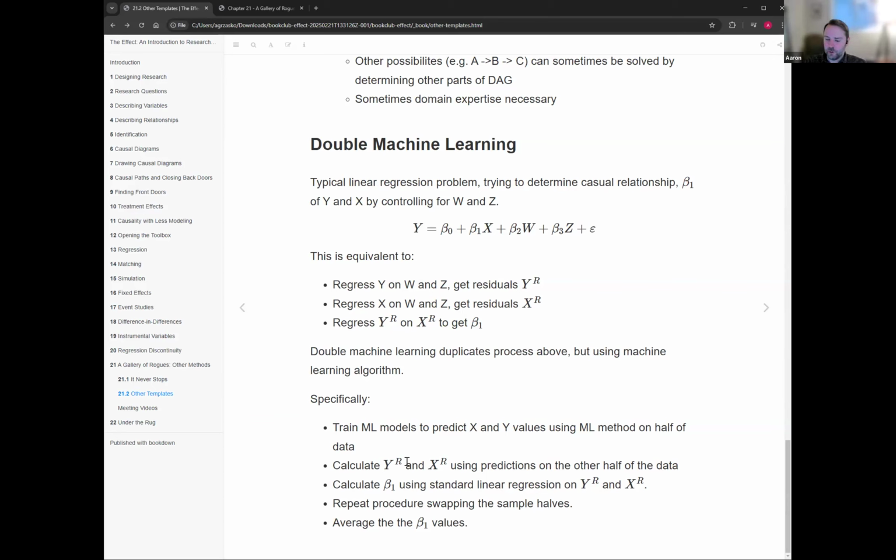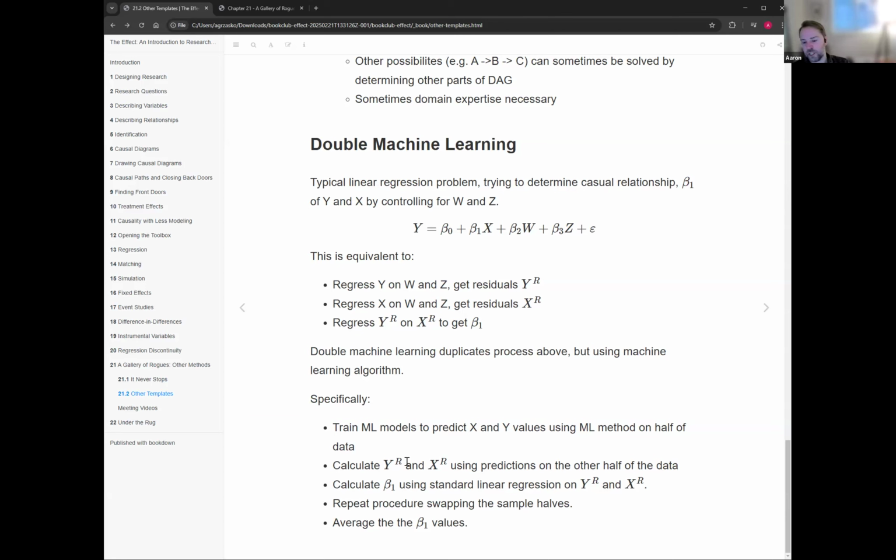So it's basically a holdout sample. You calculate the residual Y, residual X, and then you can fit a standard linear regression to those two values that were based on predictions from a complex machine learning method. At least that's my interpretation of how this was being described in the text.